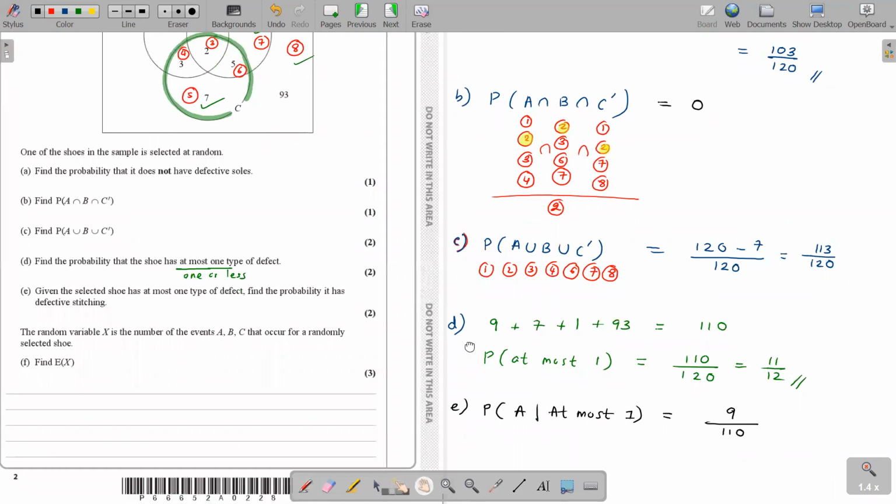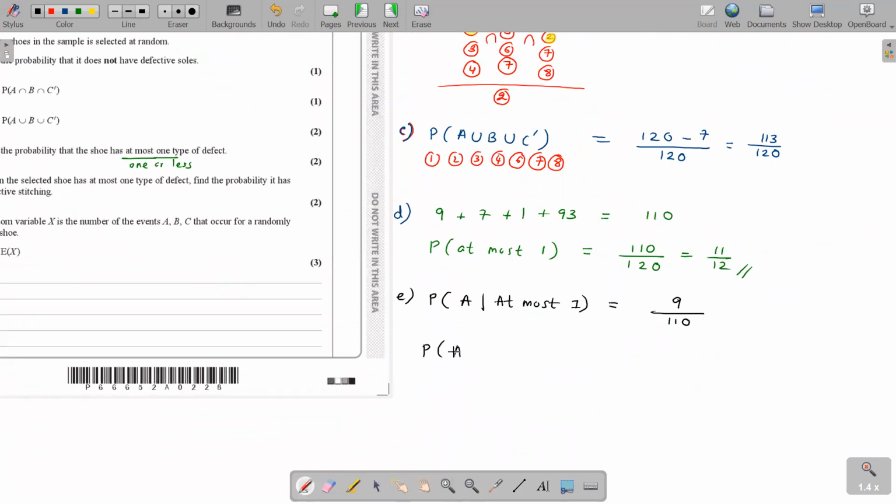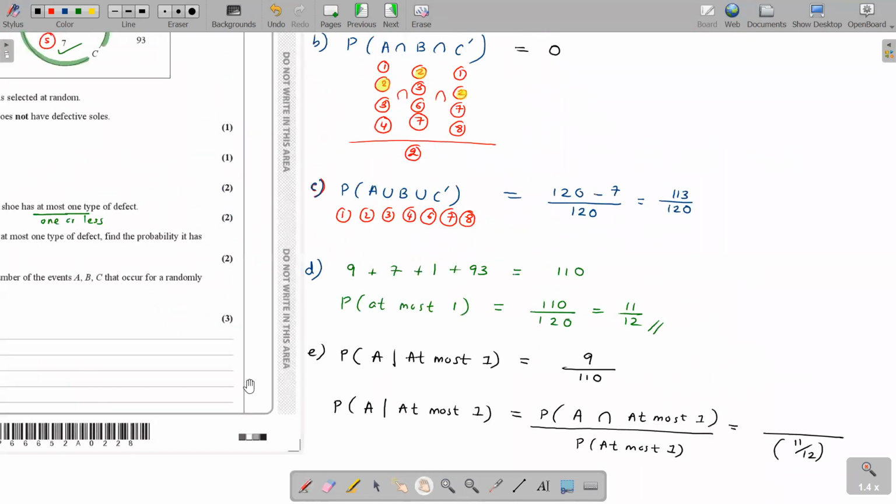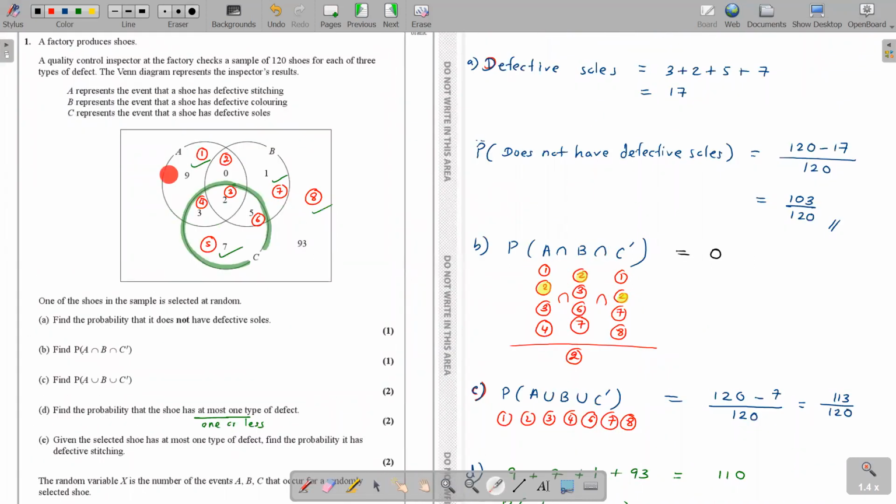Or else, we can use the formula. Probability of A given at most 1 is probability of A intersection at most 1 over probability of at most 1. The probability of at most 1 we found earlier: 11 out of 12. A intersection at most 1 is, from the A circle, where do you have at most 1 defect?